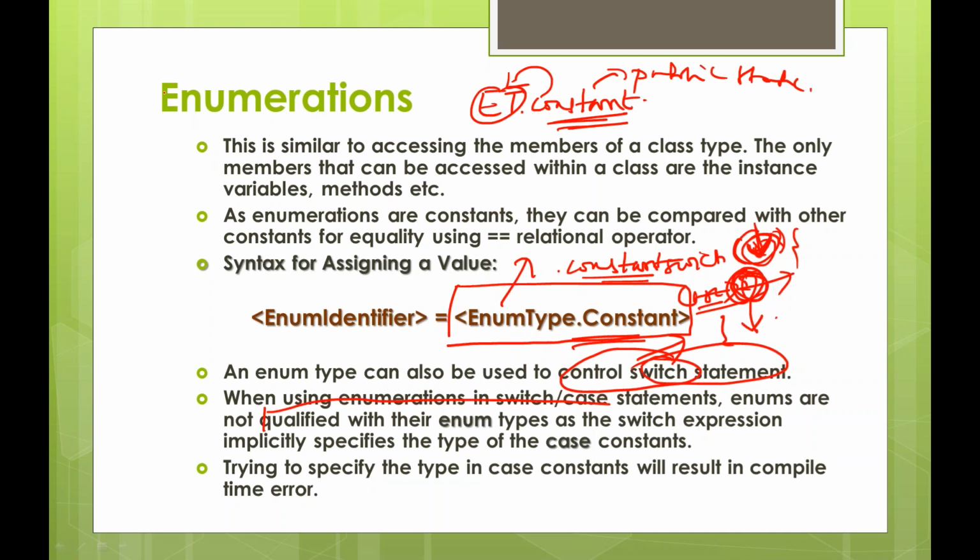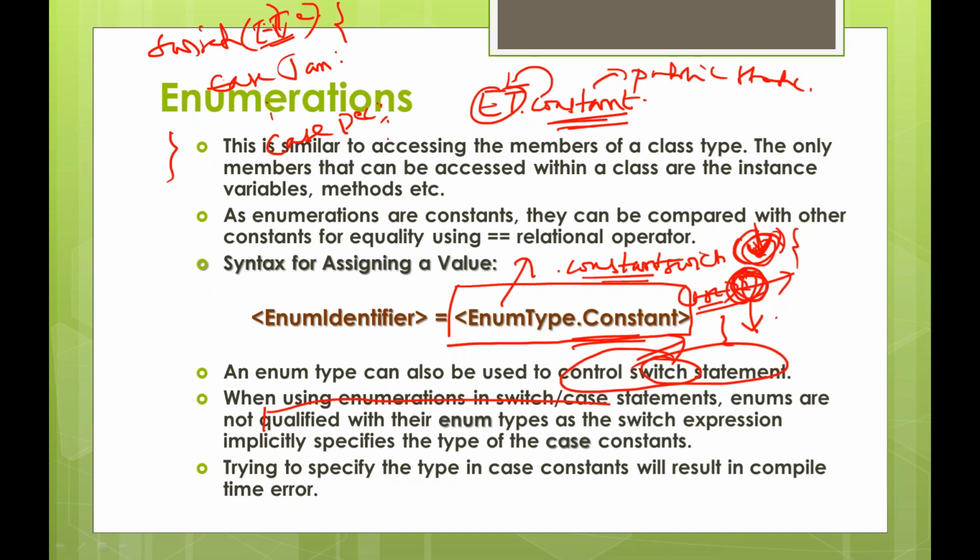But within the switch statement, you have some expression, or you enter one enumeration type itself. It takes an enum type, and in the case statements you have mentioned case Jan up to case December.